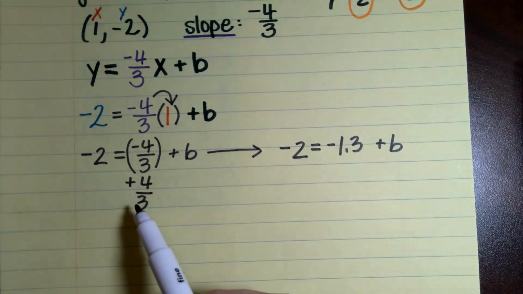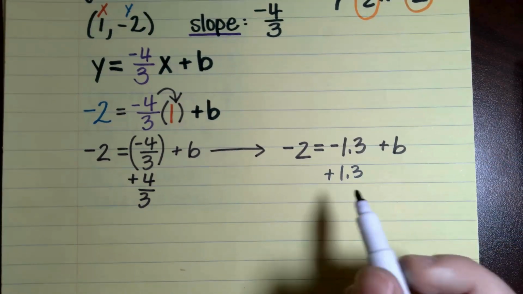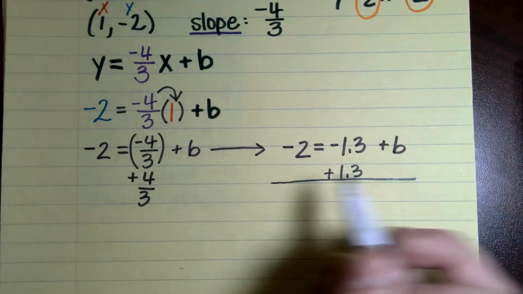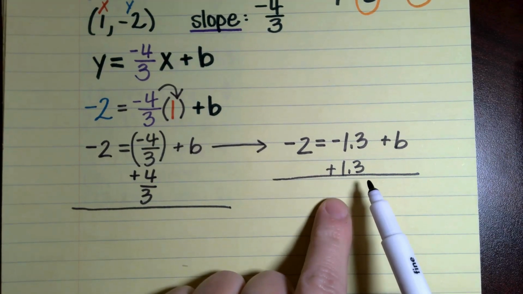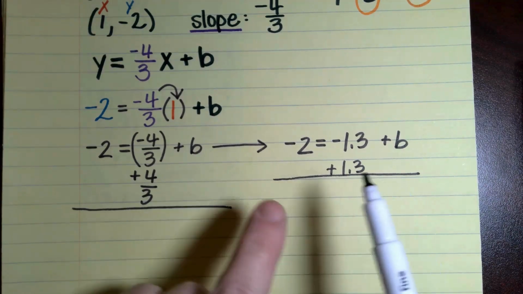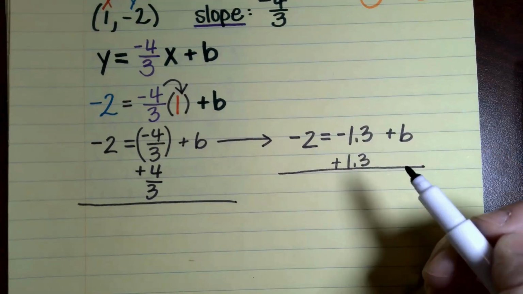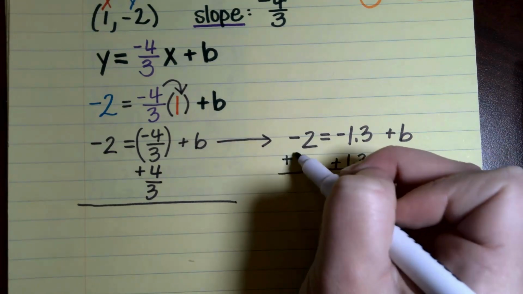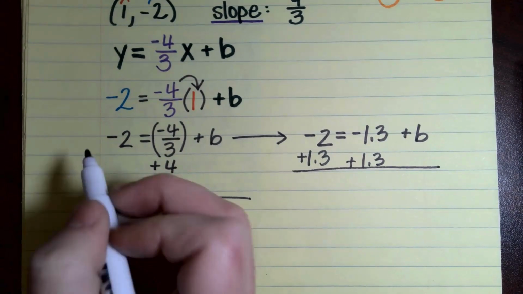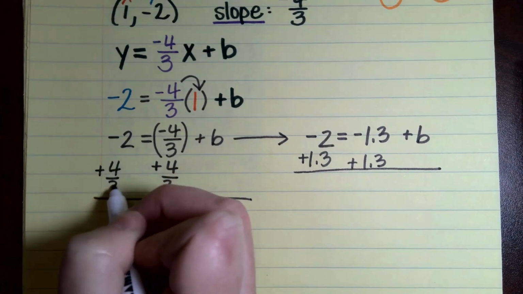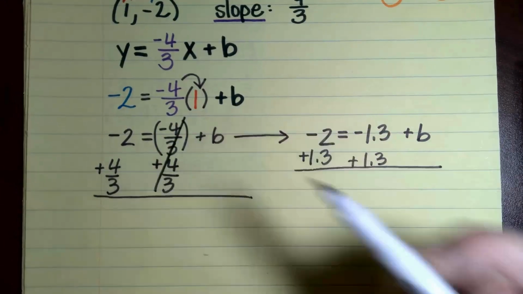And what I'm really doing here is I'm adding 1.3. All right. Now, whatever I do to one side of an equation, remember, I have to do it to both sides so that the equal sign still holds true. So if I added 1.3 right here, I need to also add 1.3 to -2. Just like over here, I need to add 4/3 to -2. All right? Now these are going to cancel.